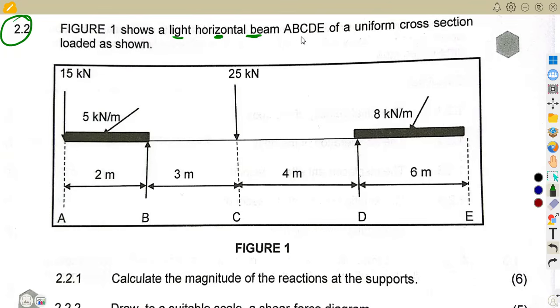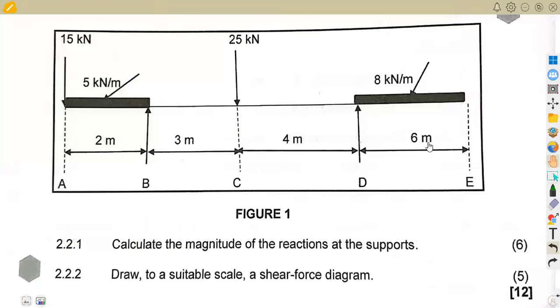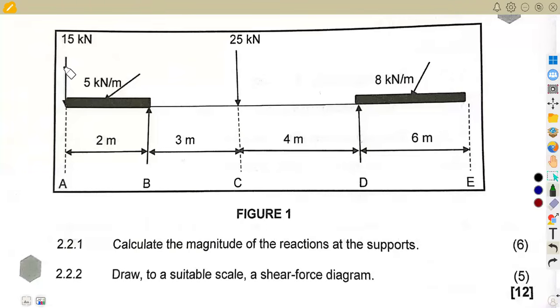which shows a light horizontal beam A, B, C, D, up to E, of uniform cross-section, loaded as shown. Taking this into consideration, we have a point load at point A of 15 kilonewton.